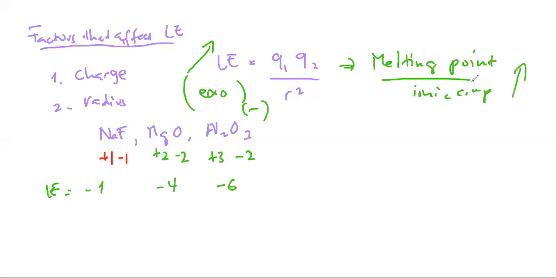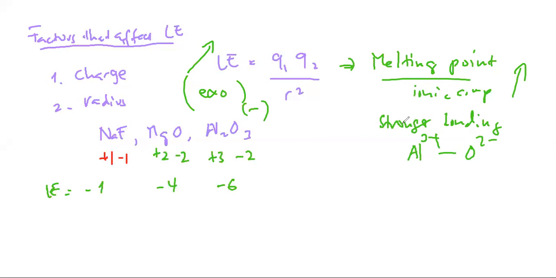This is because you have stronger bonding between two oppositely charged particles, in this case Al3+ and O2-. When they have very strong bonding, it requires a lot of energy to break them, which corresponds to a high melting point.